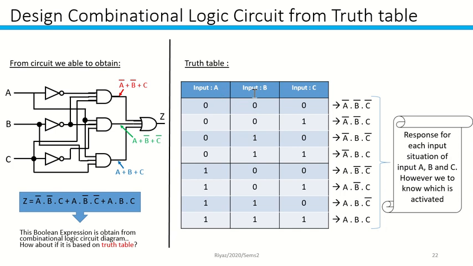So the inputs are A, B, C, and you're going to have 1 0 0, 1 0 1, 1 1 0, and 1 1 1. So this is the truth table, the possible truth table for 3 inputs. So each of these situations, when you have 0 0 0, is actually A bar dot B bar dot C bar.